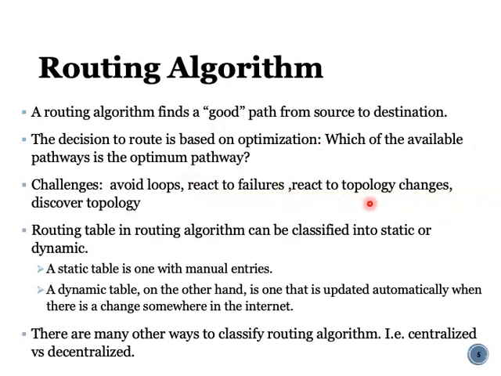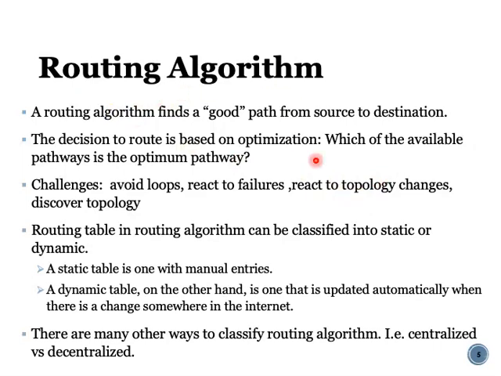It must also react to topology changes. For example, a new router joins the network, which can send a packet to the destination, or maybe some of the routers are not available or are congested.